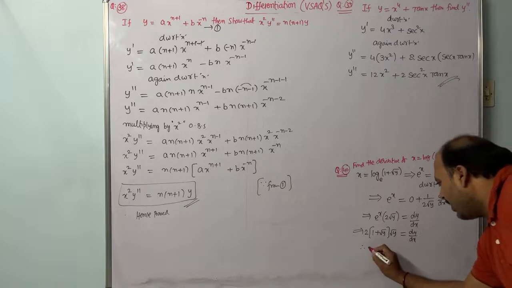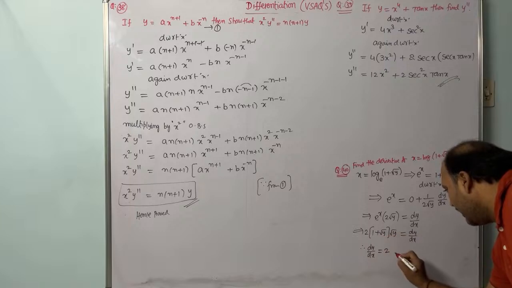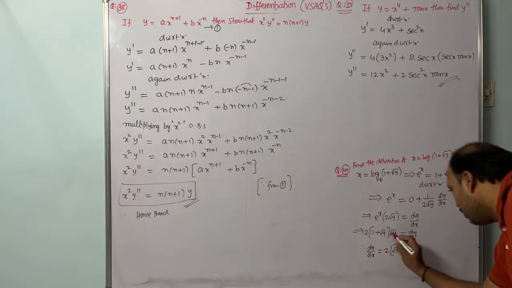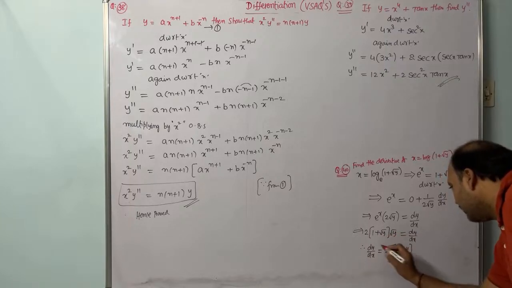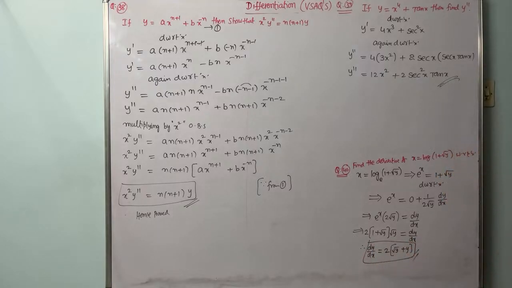So therefore dy by dx is equal to 2 into root y, and root y into root y is y. So therefore dy by dx equals 2 root y plus 1. Otherwise, wherever 1 plus root y is there, you can replace it with e power x also. But ultimately they are asking to write with respect to x, so dy by dx equals that.